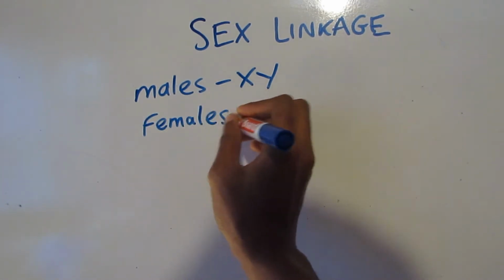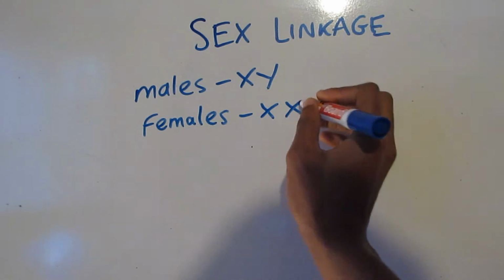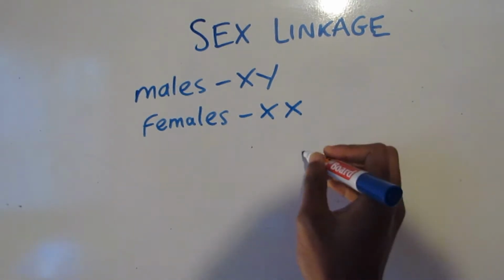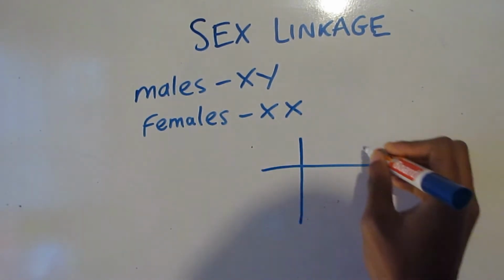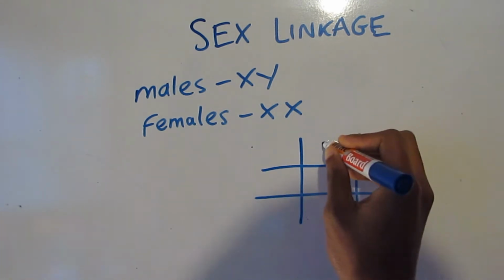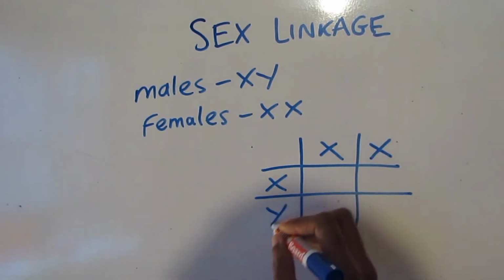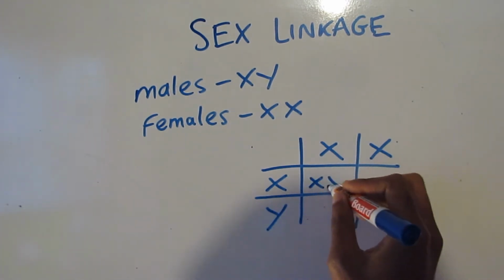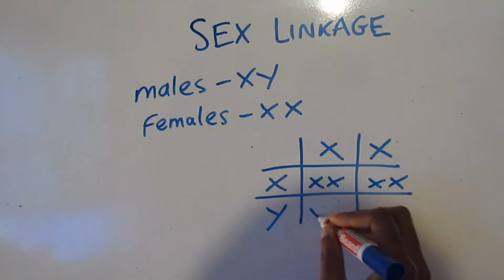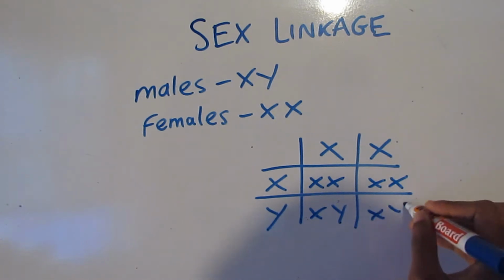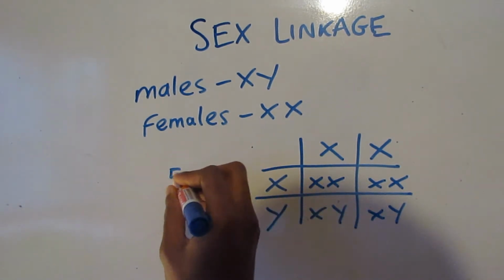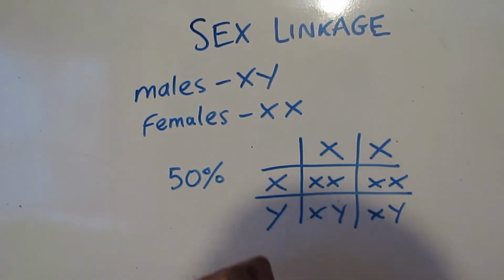Now, if we were to draw a Punnett square of the chromosomes for a male and female, we should come to the conclusion that for a male and a female cross, there is a 50% chance that the offspring will be female and a 50% chance that the offspring will be male, or a ratio of 1:1. And this is always the case.